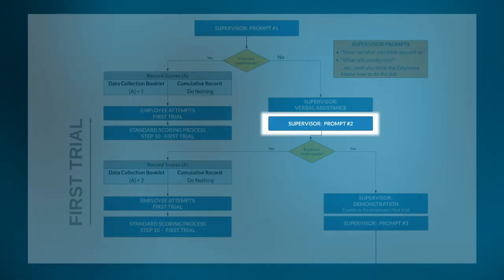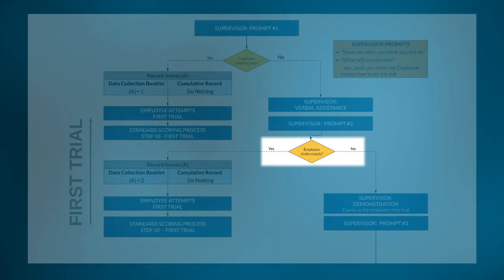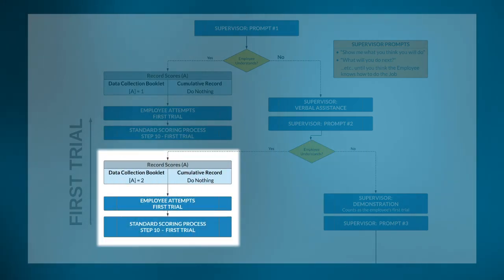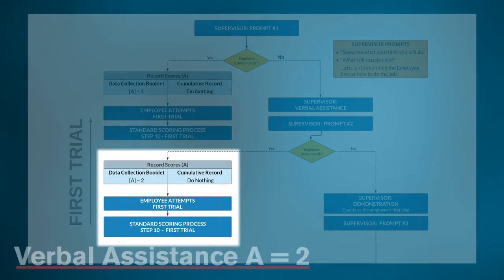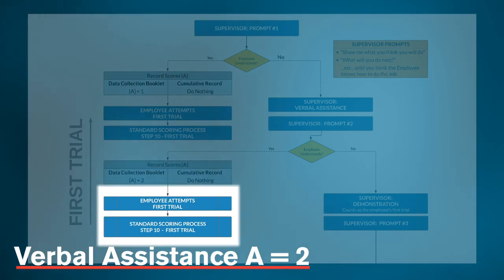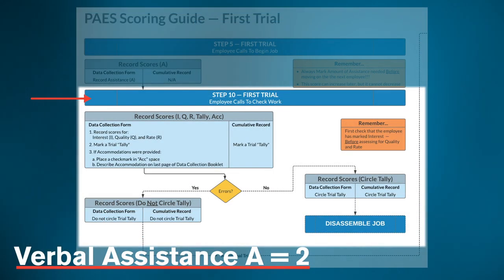You can then ask once again, "Now show me what you think you should do." If the employee answers correctly, you can let them attempt their first independent trial, recording an assistance score of 2. Then, when the employee calls you over to check their work, follow the standard scoring process on the scoring guide flowchart for step 10, first trial.